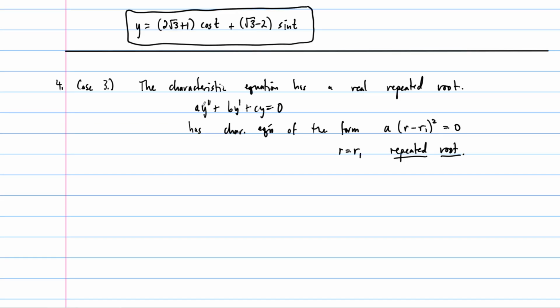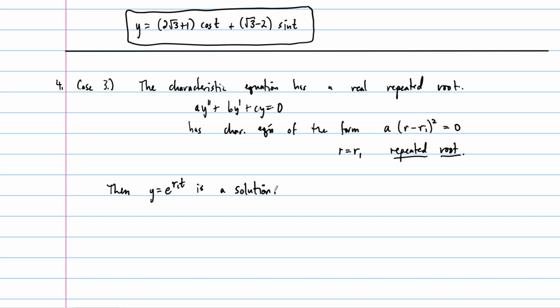But remember, with these second order equations, we learned in lecture 10 that we should be looking for two linearly independent basis solutions that can be combined as a linear combination to give the general solution. So we know then this function, y equals e to the r1t, is a solution.